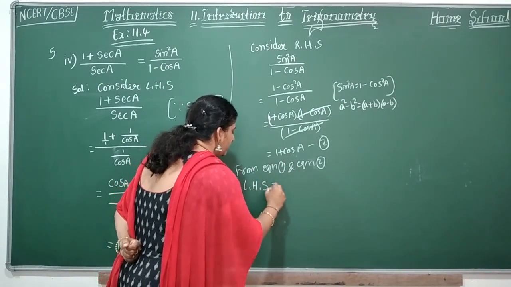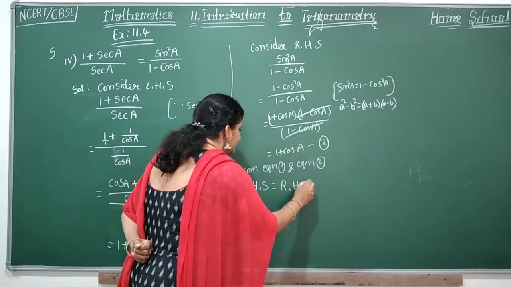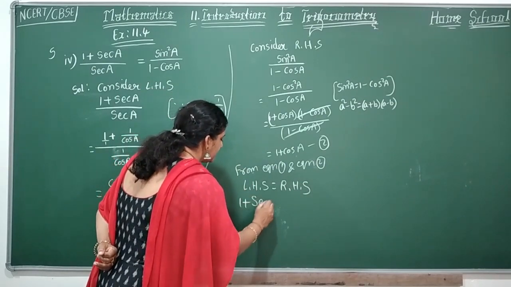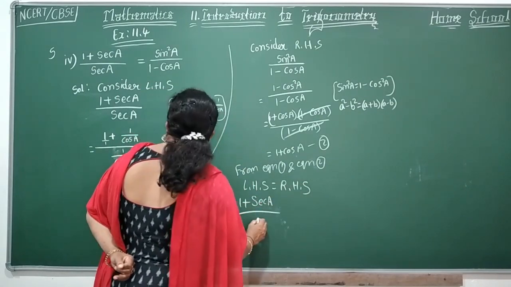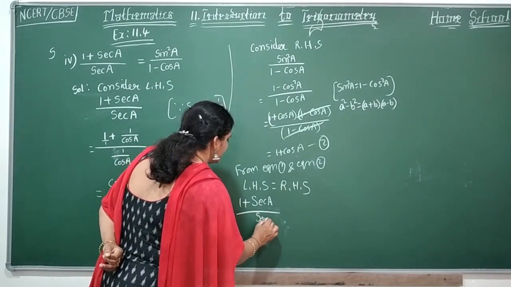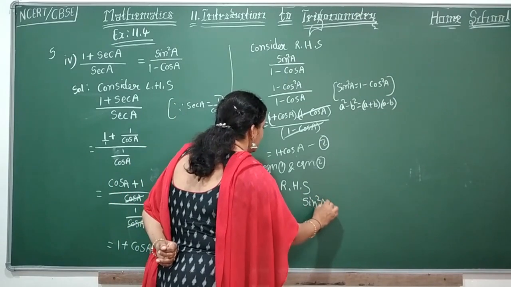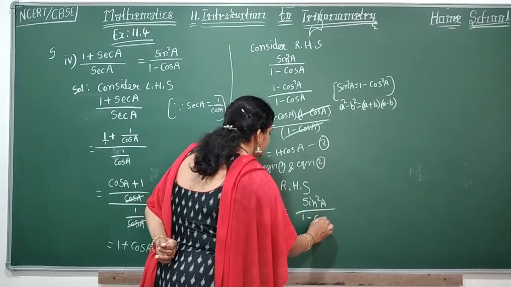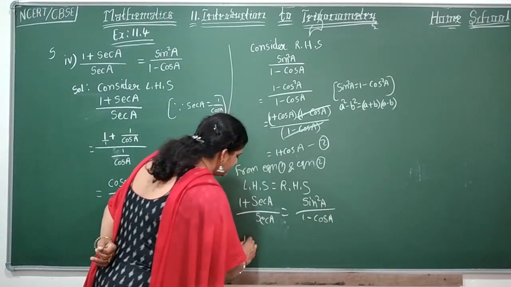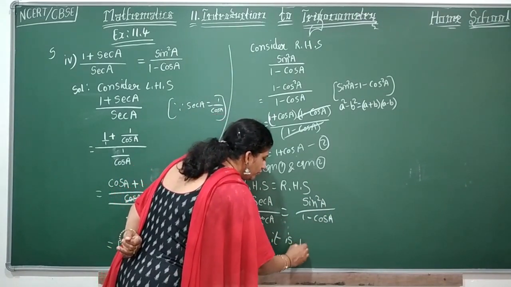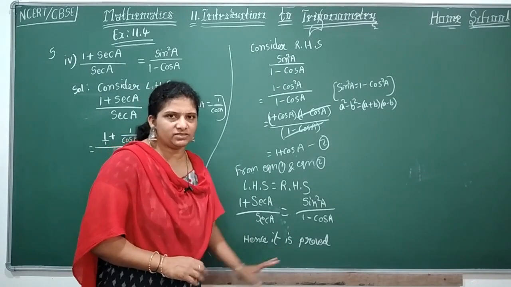LHS is equal to RHS. That is, (1 plus secant A) whole divided by secant A is equal to sine square A by (1 minus cos A). Hence, it is proved.